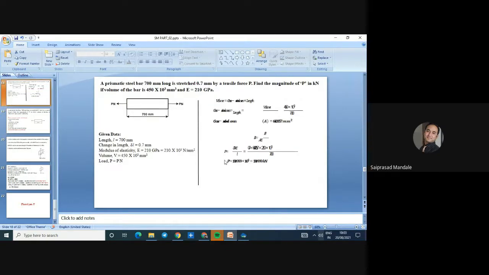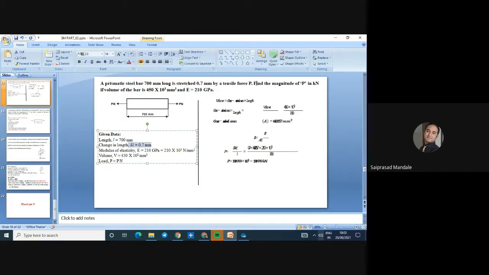This is the numerical. A prismatic steel bar 700 mm long, so that is the length L, is stretched by 0.7 mm, so that is delta L, by a tensile force P. P is an unknown quantity.